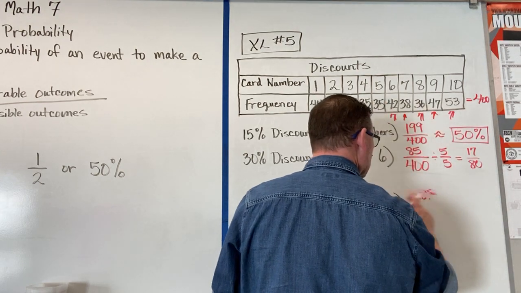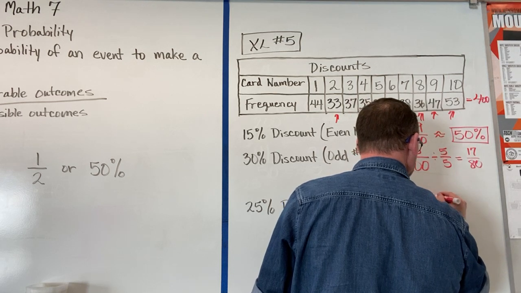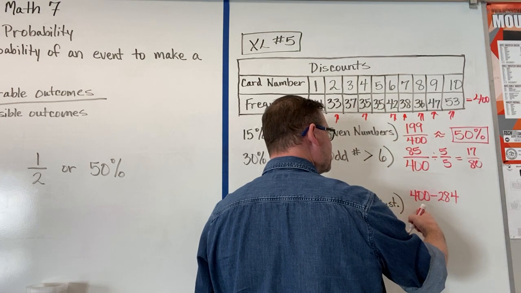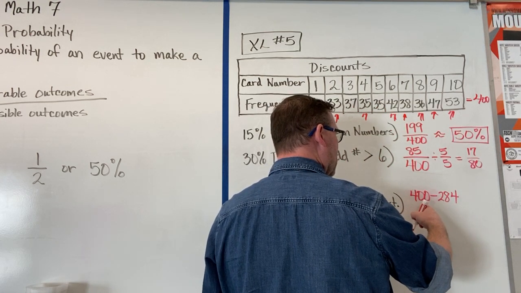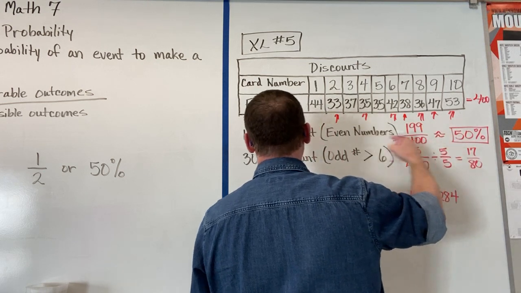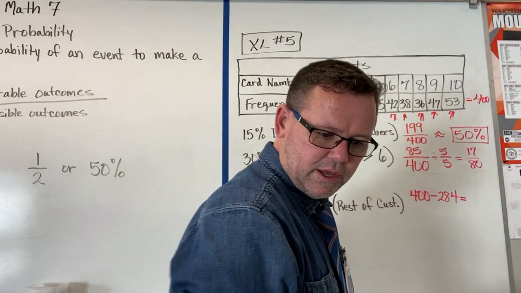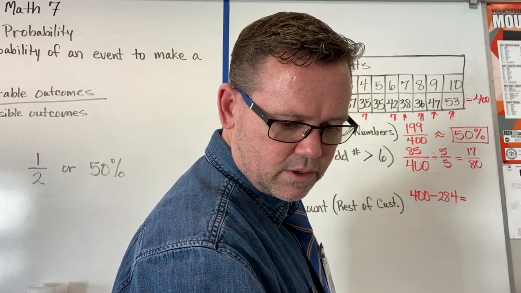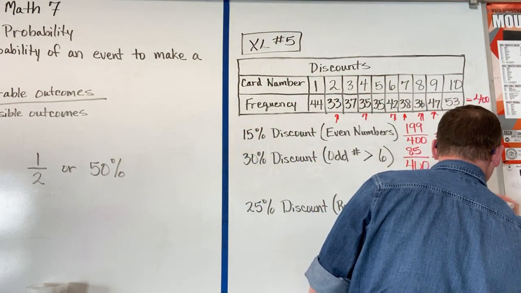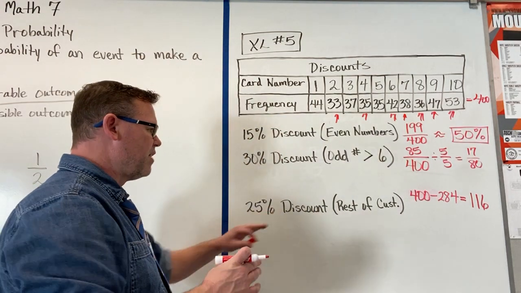I'm going to erase that because I'm going to subtract that number from 400. 284, because we know there was 400 cards. We subtract the 284, which is the total of the 15% discount and the 30% discount. And what we equal is 116 cards left.